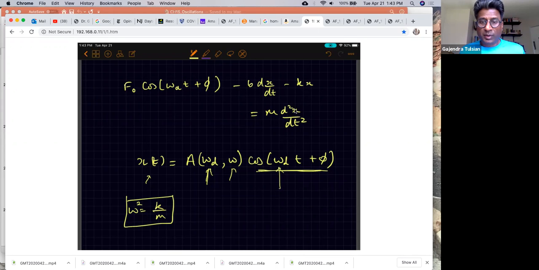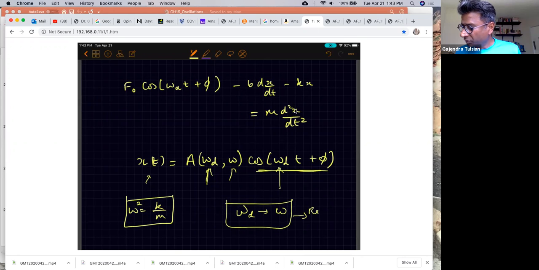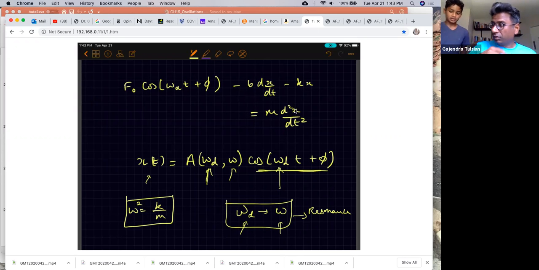But we'll see that when the driving frequency matches the natural frequency of the system, bad things can happen, and that is resonance. So we'll talk about that.